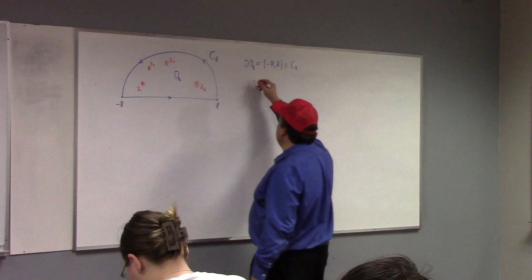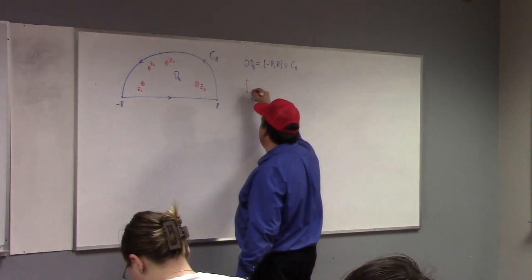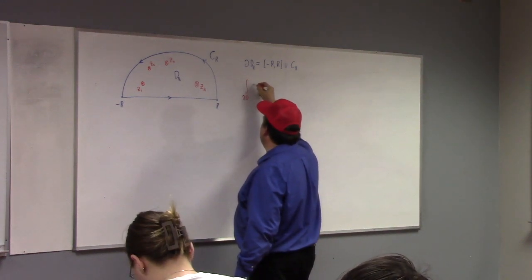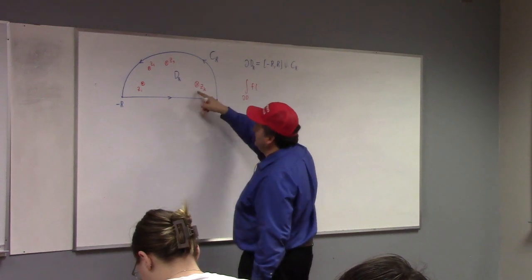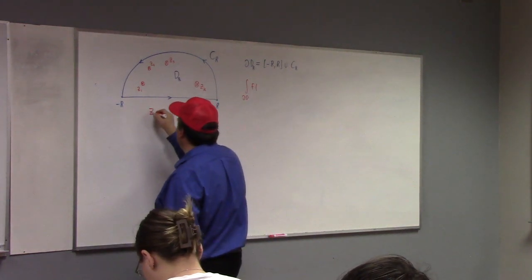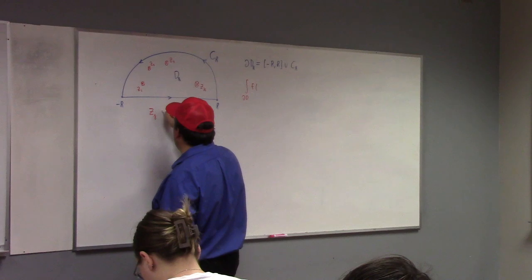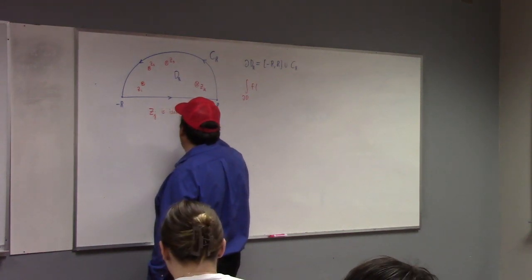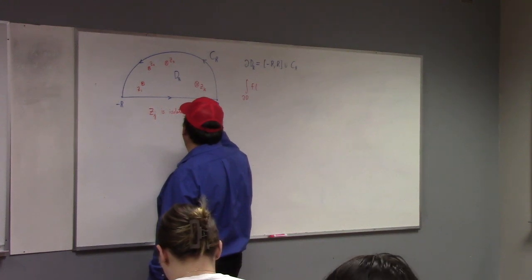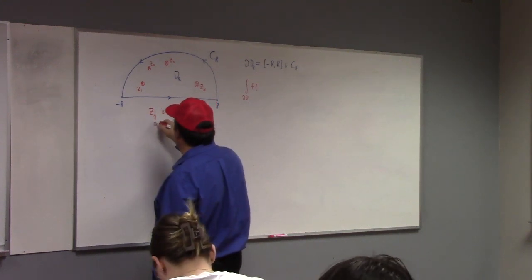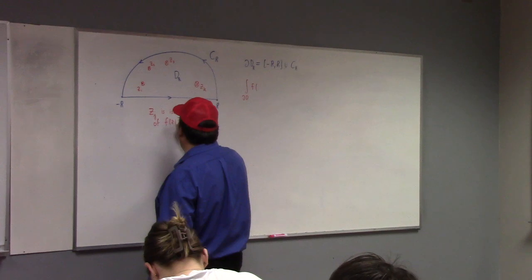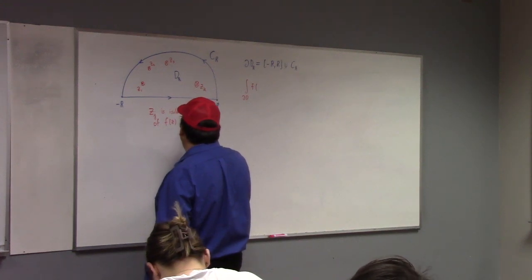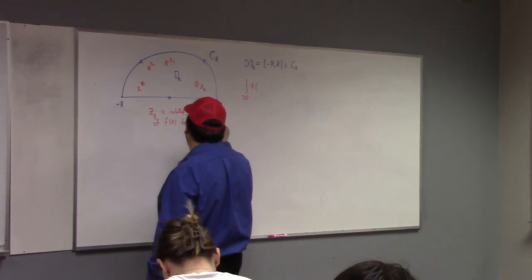Then what is the residue theorem? The residue theorem says that the integral around the boundary of D, and so I'm saying z sub j is an isolated singularity of f of z for j equals 1 to k.